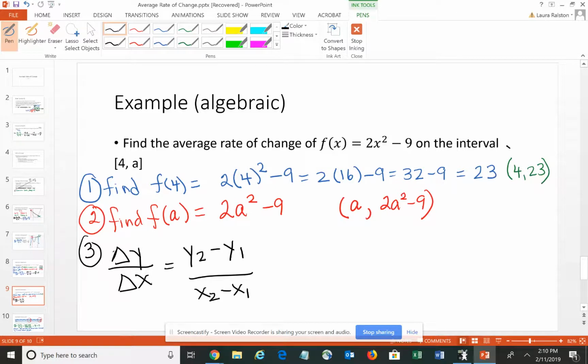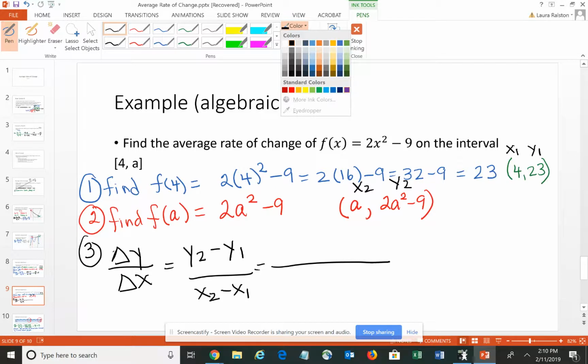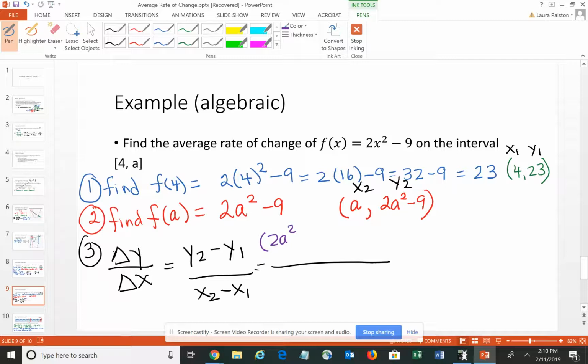And again, if I label these x1, y1, x2, y2, and I do the substitution, I would have 2a squared minus 9 minus 23 over a minus 4.